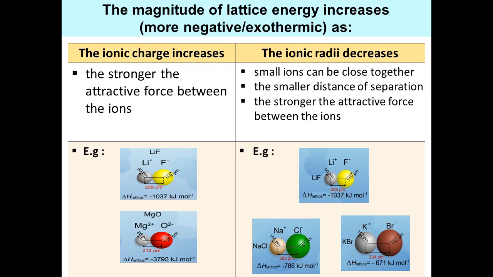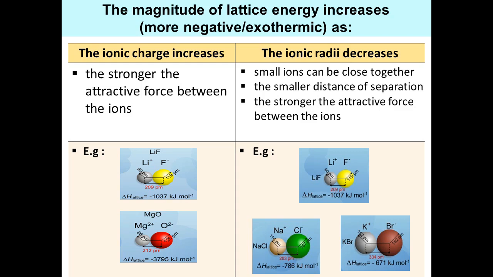Okay, the second reason is that the ionic radii decrease. The smaller the ion, the closer the distance between the two ions, so the stronger the attractive force between the ions.